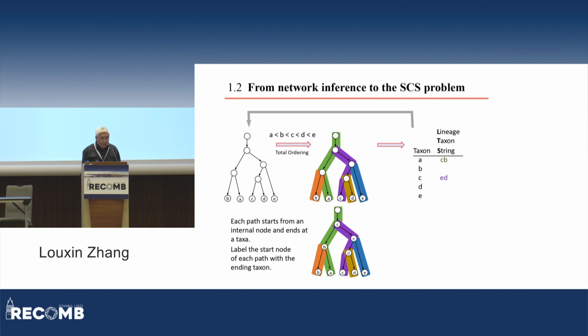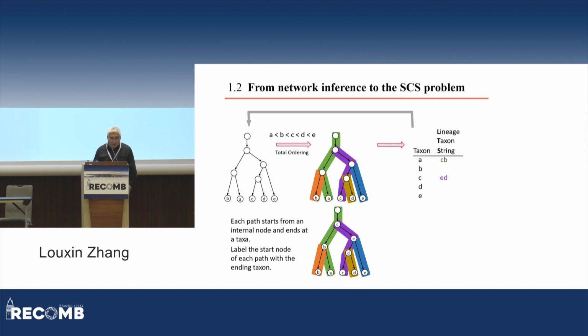Now let's see the second technique, how to transform the network inference to the string problem. You have a tree like this. Suppose we have an ordering on the taxa. Here we use the basic one, alphabetic order.